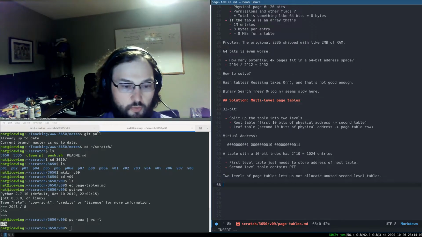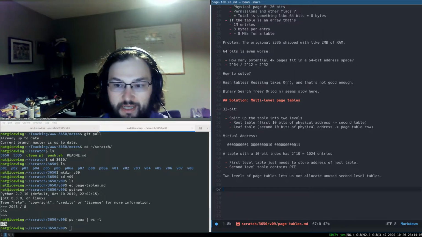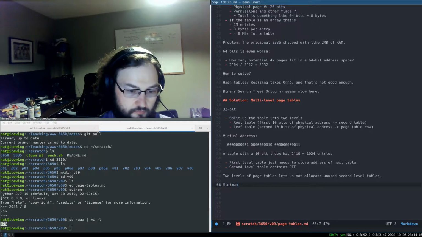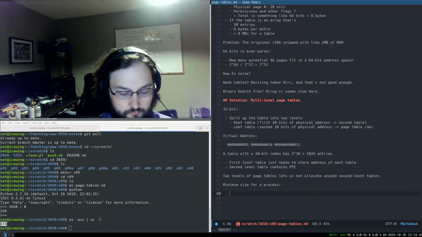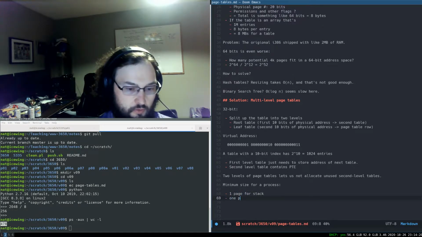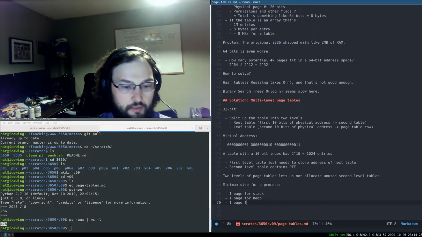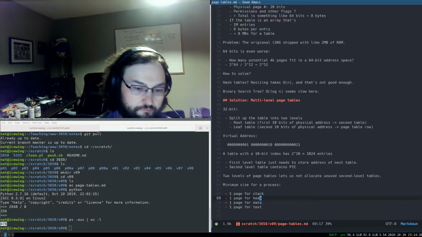Whereas with a single level page table, the minimum size for a process is something like 1 page for stack, 1 page for heap, 1 page for data, 1 page for text. So like 4 pages.